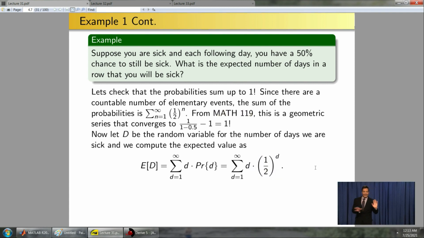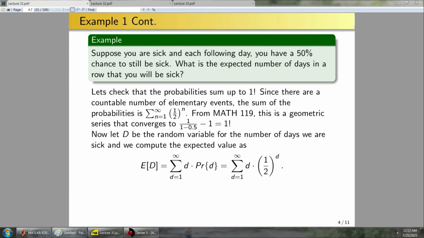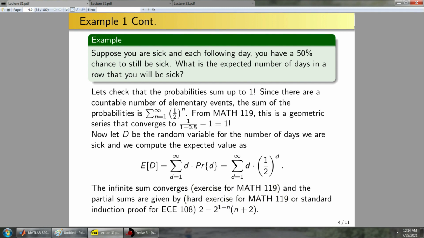So here I'm going to be a little bit hand-wavy, and in a later example, I'll fill in the details. So first note that the infinite sum converges. That would be a good exercise for Math 119. And the partial sums are given by, so this is kind of a harder exercise, or a standard induction proof if you get the formula, but the partial sums of this are given by this expression here. So if I add up from d equal to 1 up to n, this is the expression that I end up getting.